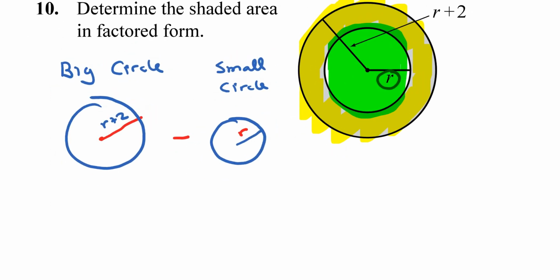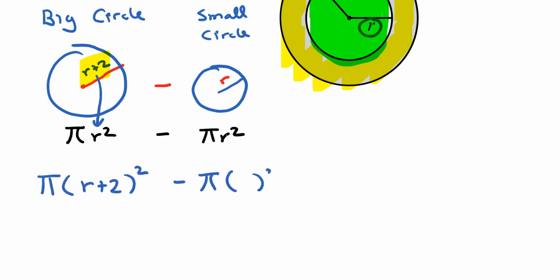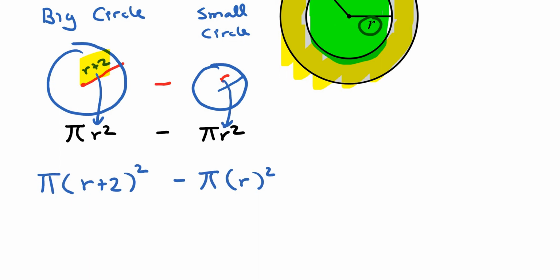Okay. All right, so if you're finding the area of a circle, the general formula is pi r squared minus pi r squared. Now for the big circle, the radius is going to be r plus 2. So we'll plug that in for this r. So pi bracket r plus 2 to the power of 2 minus pi times, well, this r is that r, so the r's just stay the same, and that's what we have.